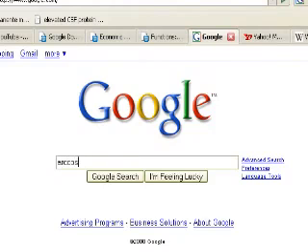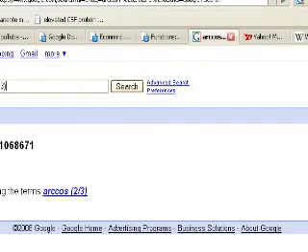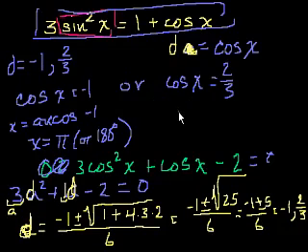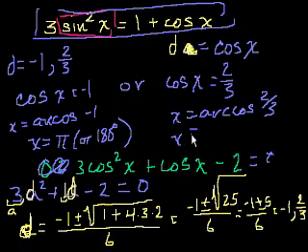Arc cosine, I don't know if I'm spelling it right, of 2 over 3. Google tells us that it's 0.841 and a bunch of numbers. So x is equal to arc cosine of 2 over 3, so x is equal to 0.84106.